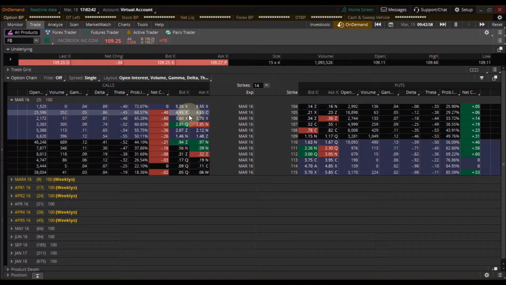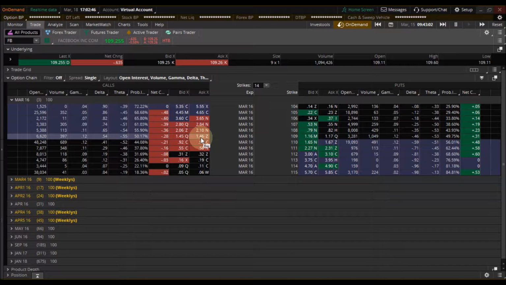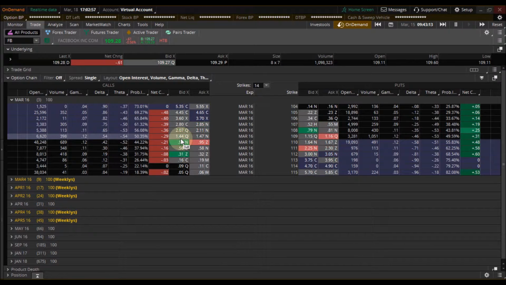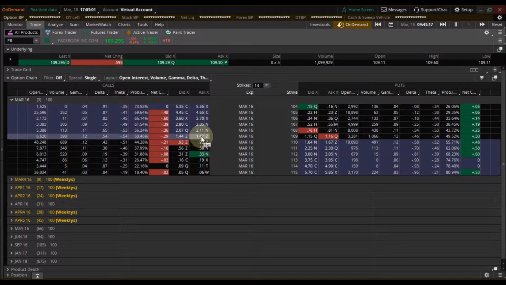Also, be aware of the bid and ask spread, because if you're going to buy a call at $1.46, $1.45, as soon as you buy it, you're going to be down 3 cents or 2 cents. So when you buy, you want to make sure that you make enough money to cover that bid and ask spread and also your transaction costs.